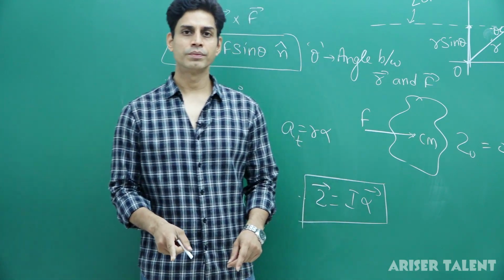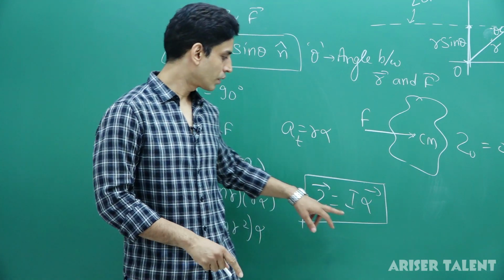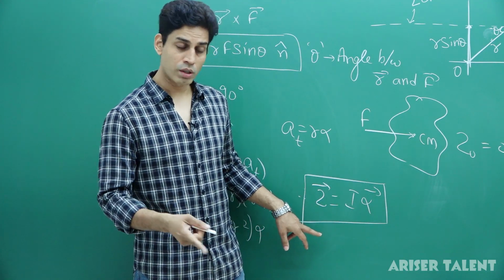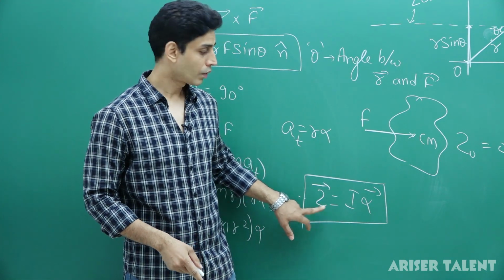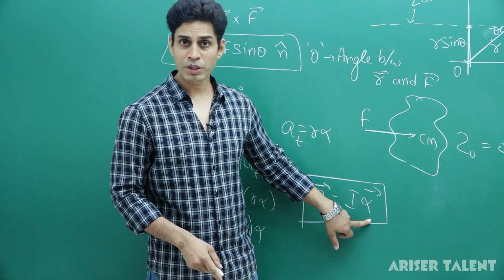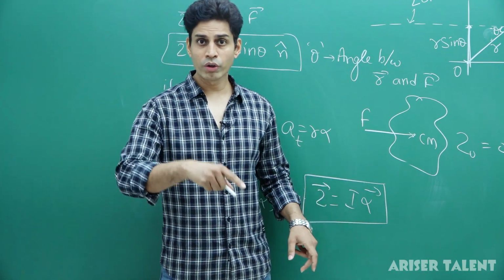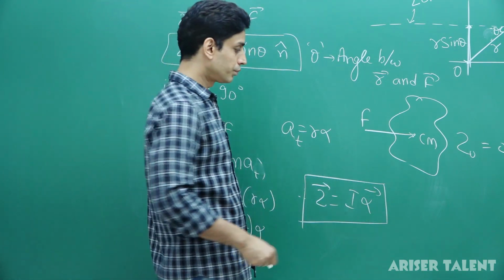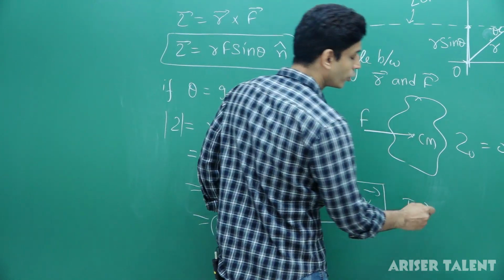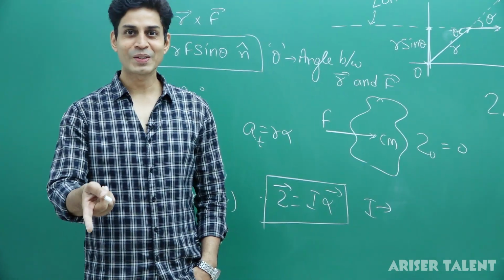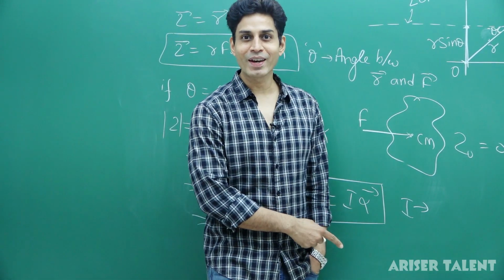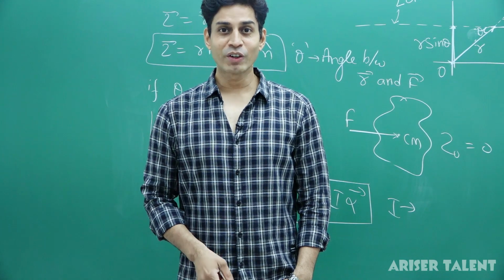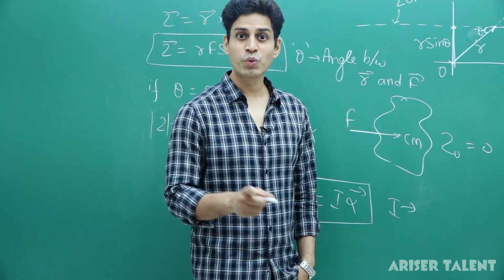It is very similar to F is equal to ma. Now in rotational motion, F is replaced by torque, m is replaced by I, and a is replaced by alpha. So F equal to ma, so tau is equal to I alpha. Now what is this I? You know that it is moment of inertia. No, it is not merely moment of inertia. It is moment of inertia about the axis of rotation. It is very, very important.